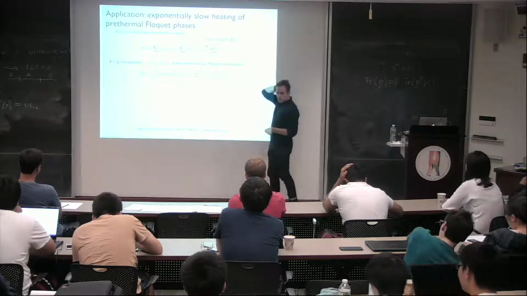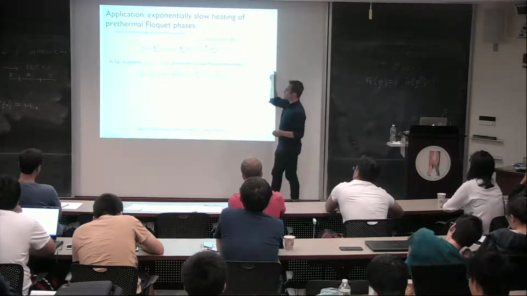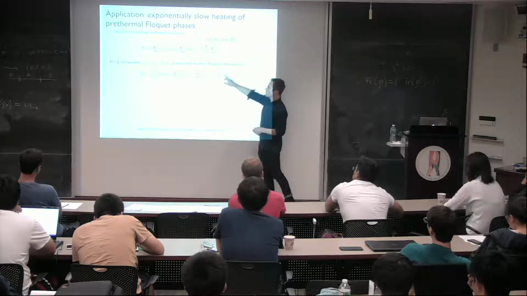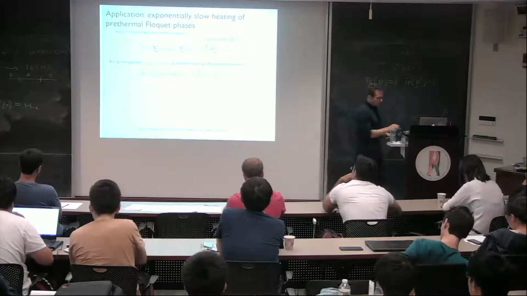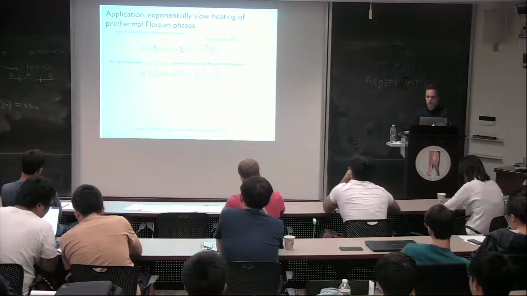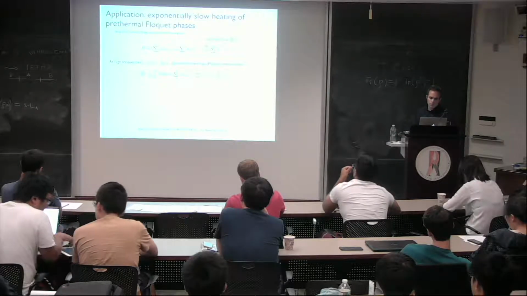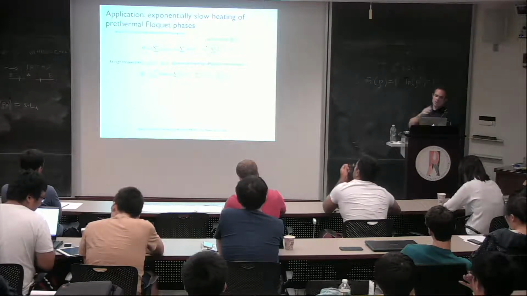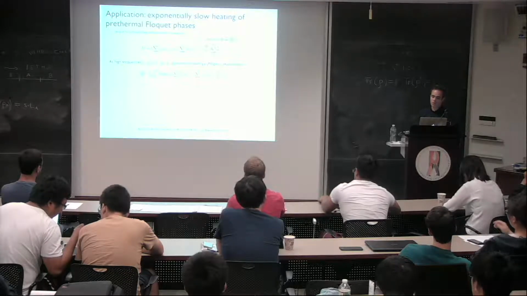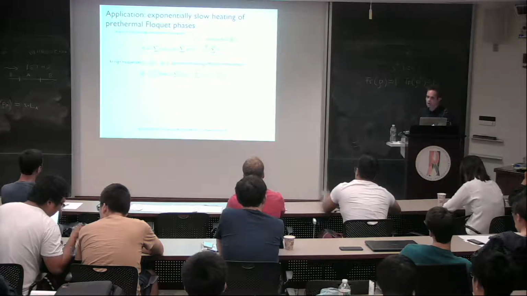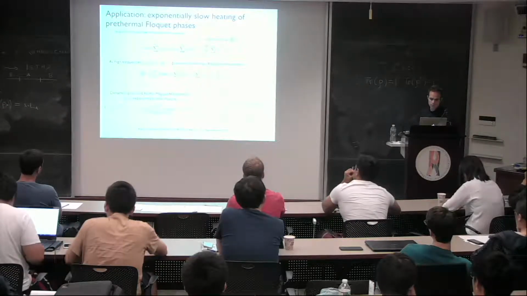And I haven't given you the details of H, but they've chosen it such that if you average it over one period, it actually just reduces to the X term. So what we want to do is study the dynamics of a state under this Floquet evolution and see how well it's actually described by the Magnus Hamiltonian.